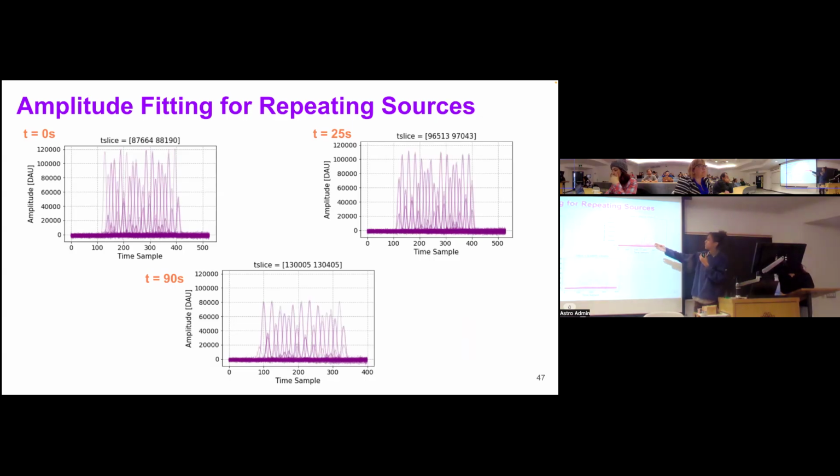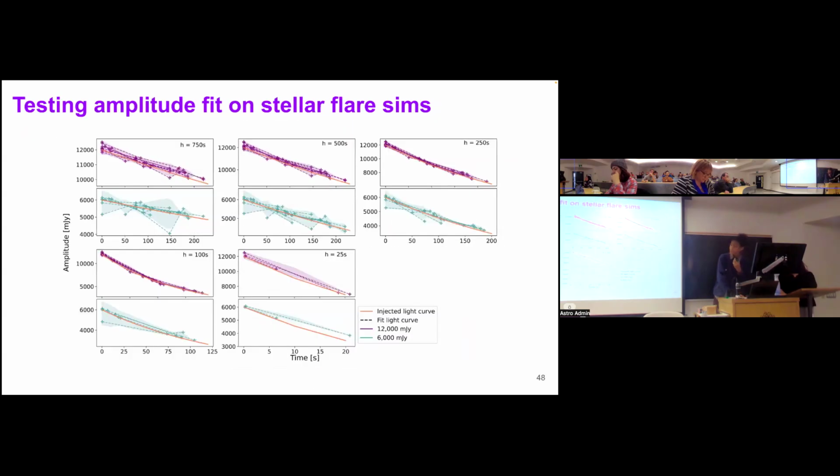Here's an example where we have a source at T0, we scan over it again 25 seconds later and 90 seconds later. These are simulations. So what we can do then is measure the amplitude every single time we see a source and then make a sub-minute to minute light curve.